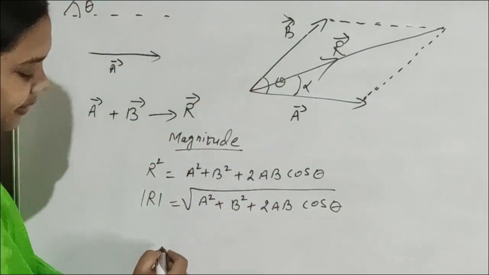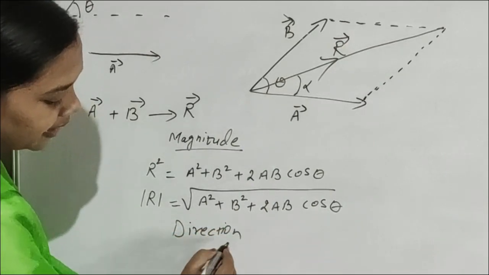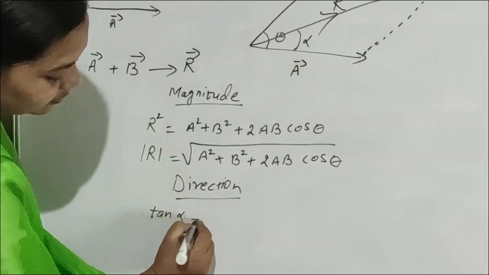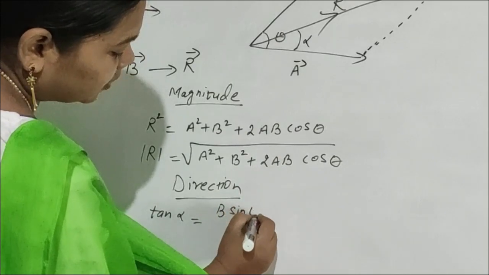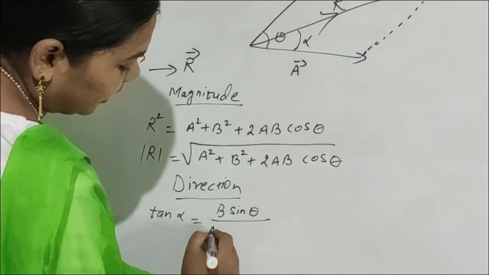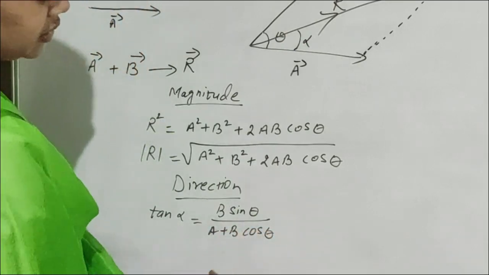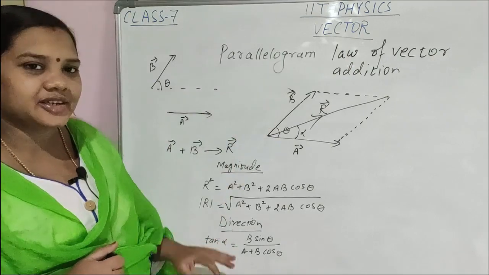Now this is the magnitude. What is the direction? Tan alpha is equal to B sin theta by A plus B cos theta. So see children, we got the direction of the resultant vector.